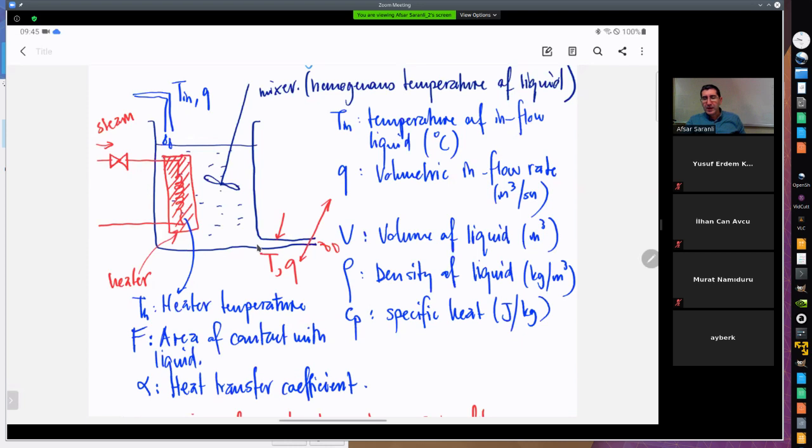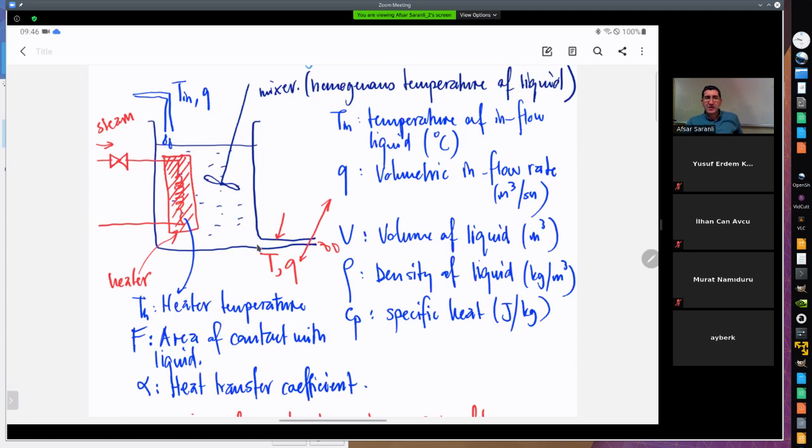And also in terms of the flow of liquid, the inflow rate has to be equal to the outflow rate, because we are not interested in the level of the liquid. The level of the liquid is supposed to be constant. That's another problem that we studied, how to do that. But we assume for this problem that the level of the liquid is constant, therefore the volume of the liquid inside the tank is constant.